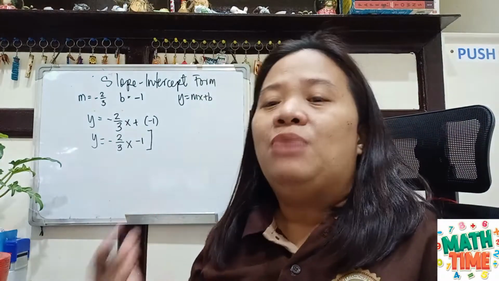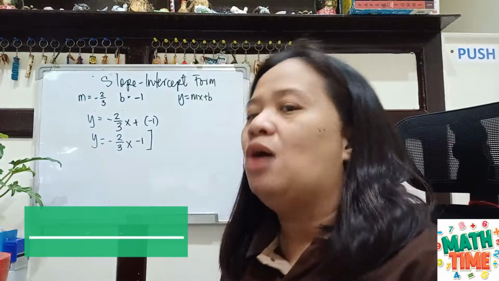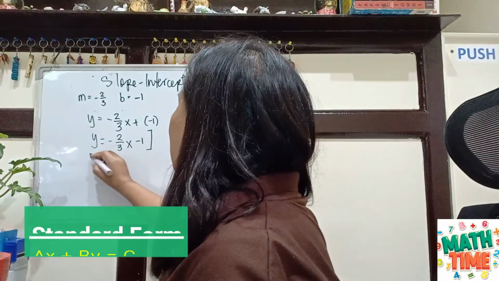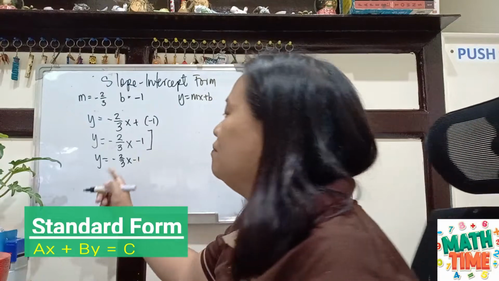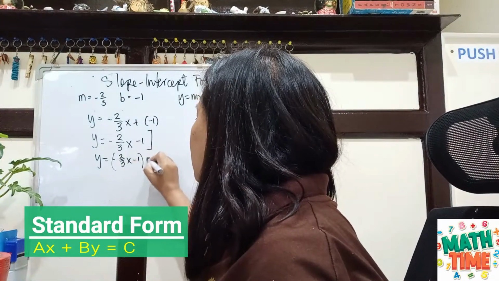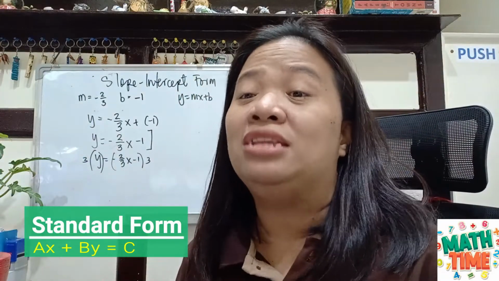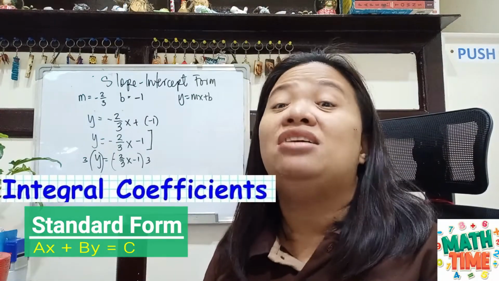But what if you're asked to write it in standard form? This is how you are going to do it. From y equals negative 2/3 x minus 1, we are going to multiply both sides by 3. Because writing an equation in standard form, it is really a must to have integral coefficients.